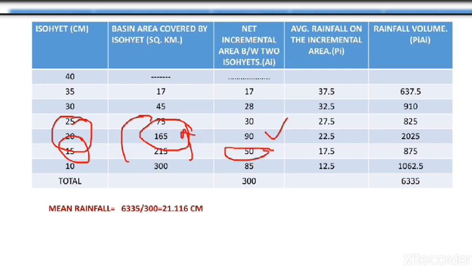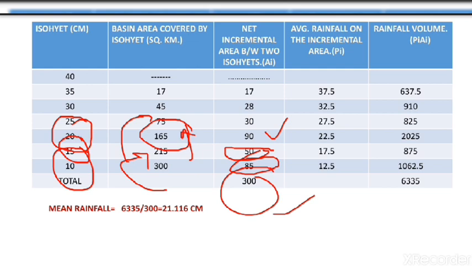That means 50. Next, the area between 15 and 10 will be 300 minus 215. That means 85. And the total area will be 300, which is also given in the question. Let's check it. Use a calculator and sum all the net incremental areas. It will become 300. If it does not become 300, then that means the calculation is wrong.